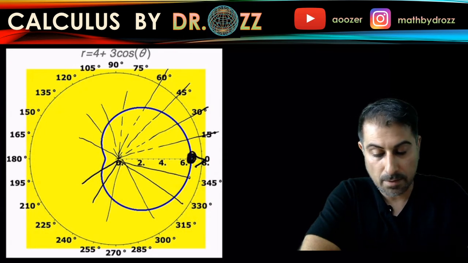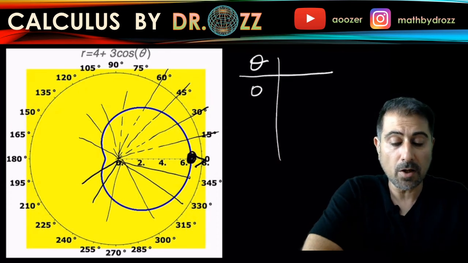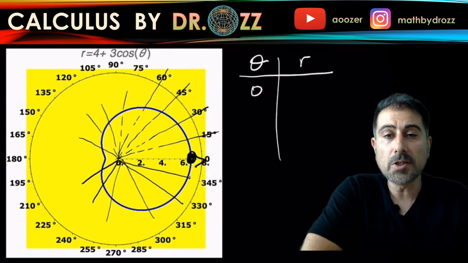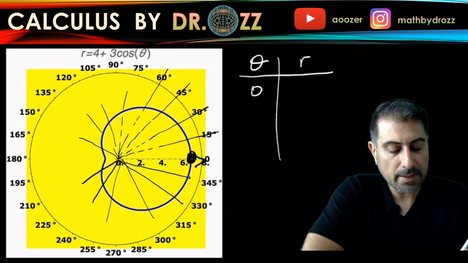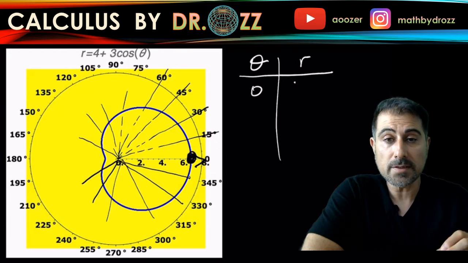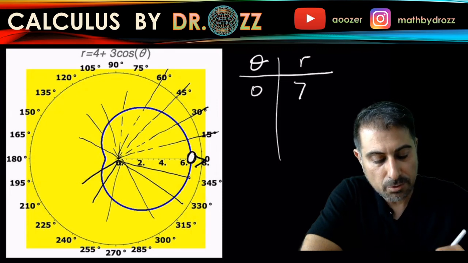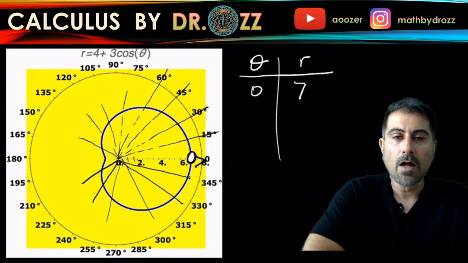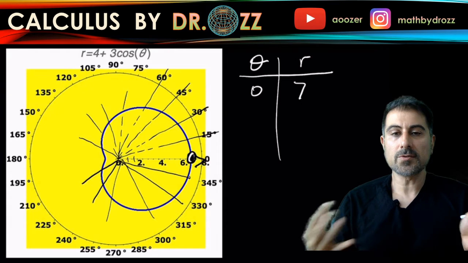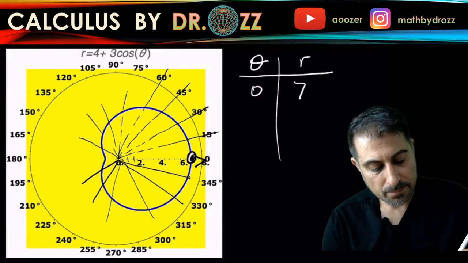If this is theta equals 0, the corresponding r is 4 plus 3 cosine 0, and if you evaluate that in your calculator, that's 7. That's exactly where we end up here. On the right, at theta equals 0, we walk 7 units and end up here. Then look at theta equals 15 degrees, and convince yourself along the way that you get something like this.